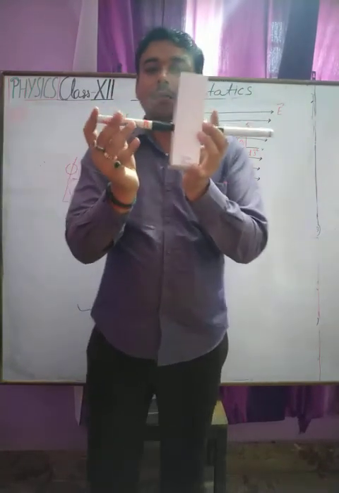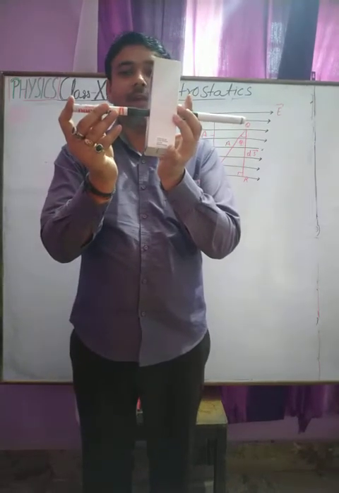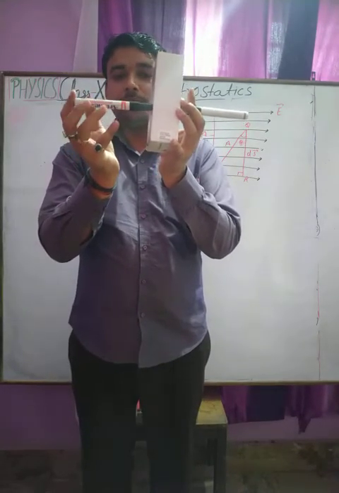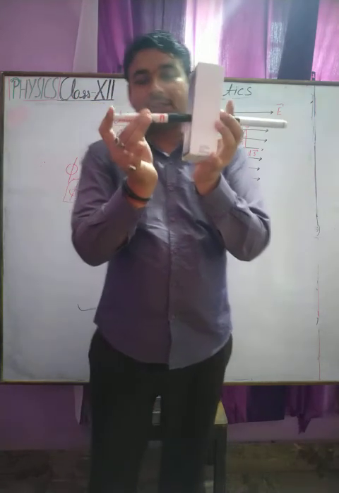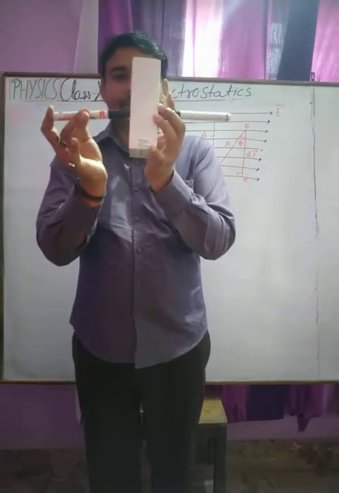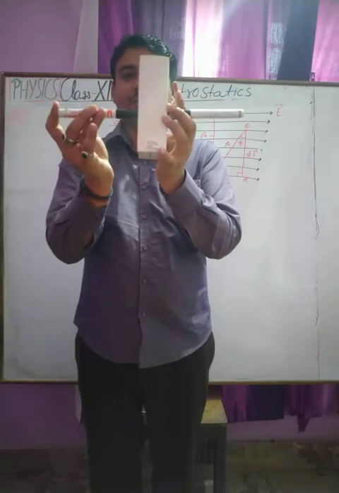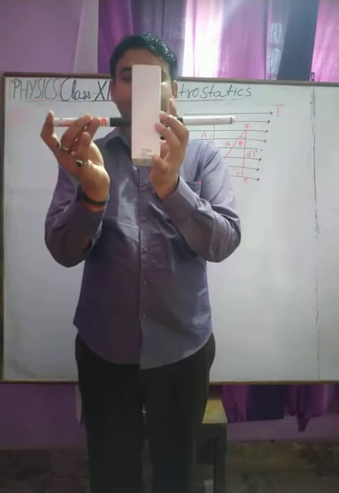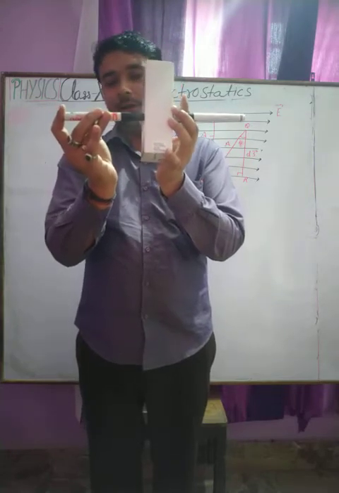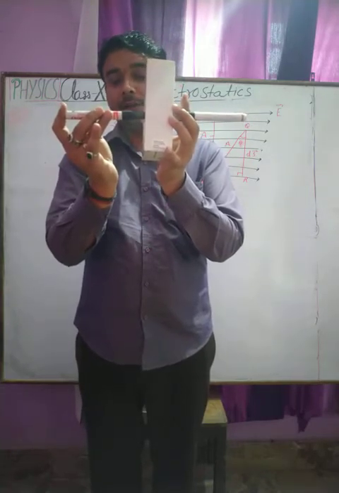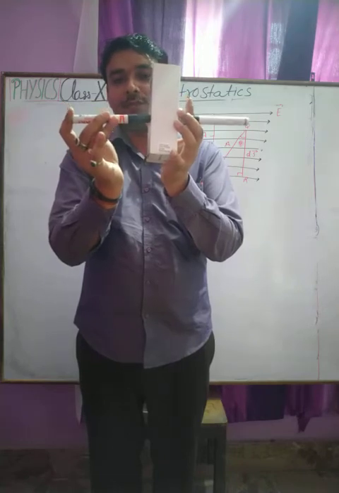Now how much is the angle between the area vector and the electric field? For the surface both are 90 degrees. You can observe by this figure. The area vector is 90 degrees to the surface and the electric field is also normal to the surface.